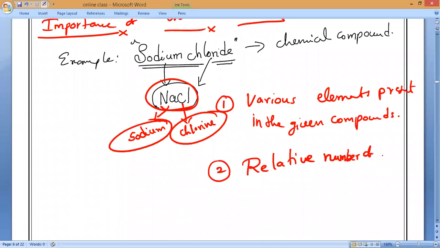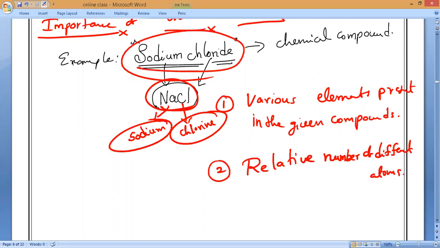Relative number of different atoms. So now, for example, I will say sodium chloride. I will never know how many sodium atoms are there, how many chlorine atoms are there. But if I write the formula, I will identify the number of atoms. So how many sodium atoms are there here?